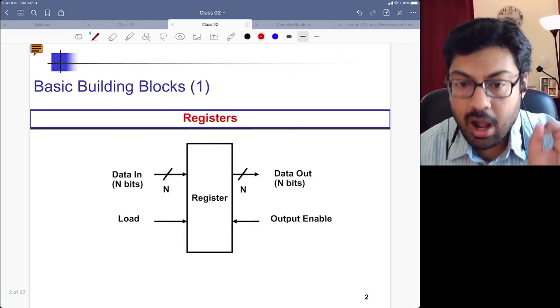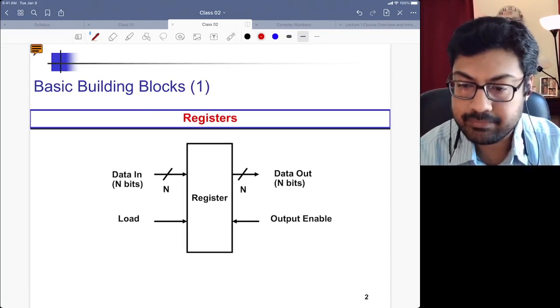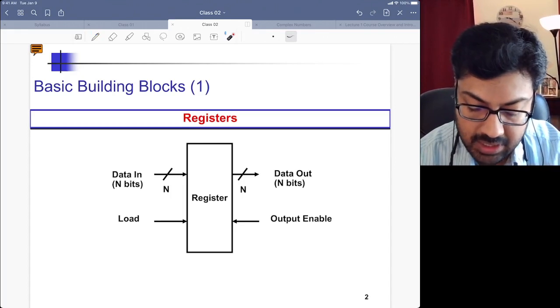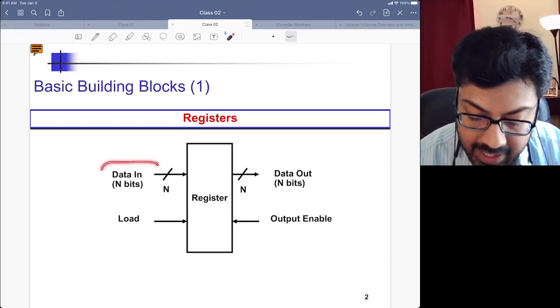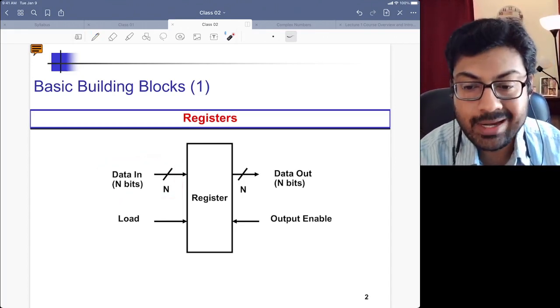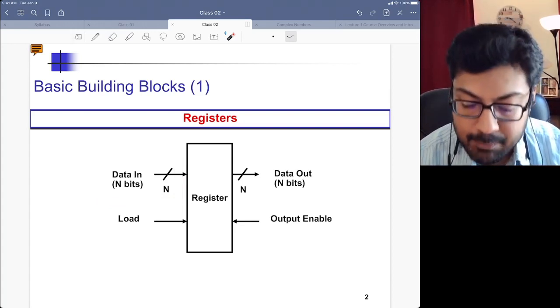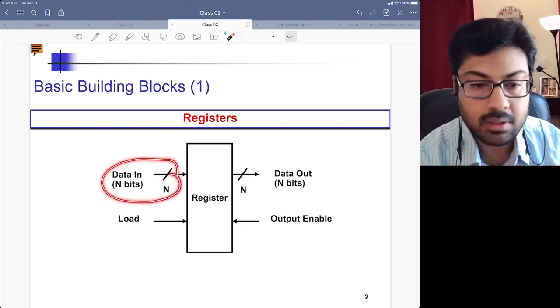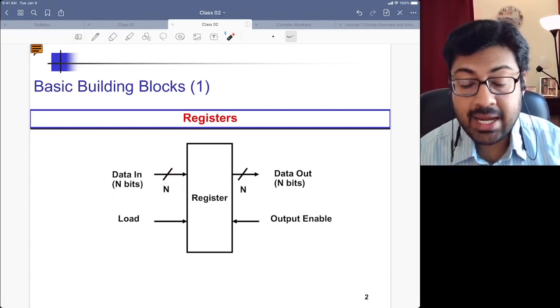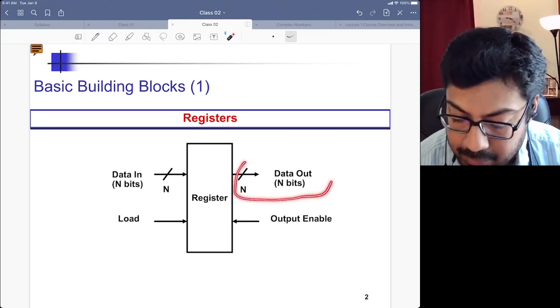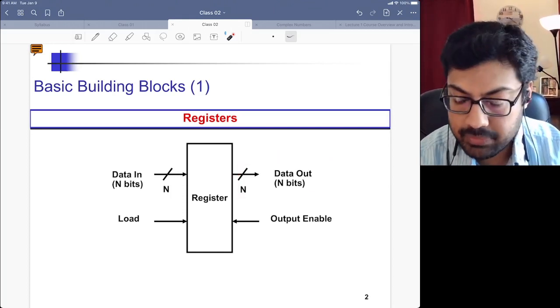So the building block is a register. And if you think about a register, it will have a few inputs and outputs. So you have data that you want to store into the register as an n-bit input indicated over here. And the data that you want to read from a register, you can see that as an n-bit output over here.